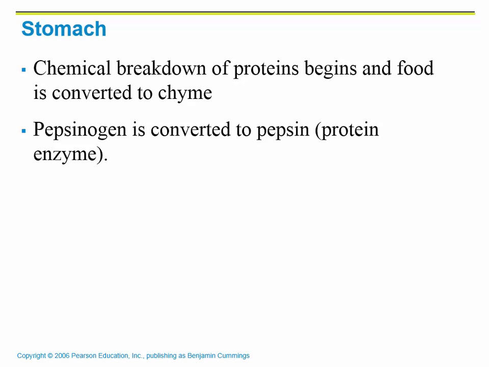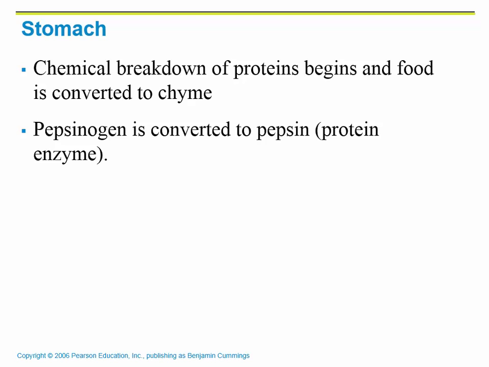It's one of the few enzymes that don't end with ASE, but it is specific to breaking down protein. And so there's a conversion of pepsinogen because your stomach is acidic. Pepsinogen comes into contact with acid and is converted into pepsin. And so we are going to start breaking down proteins into those amino acid segments or monomers.